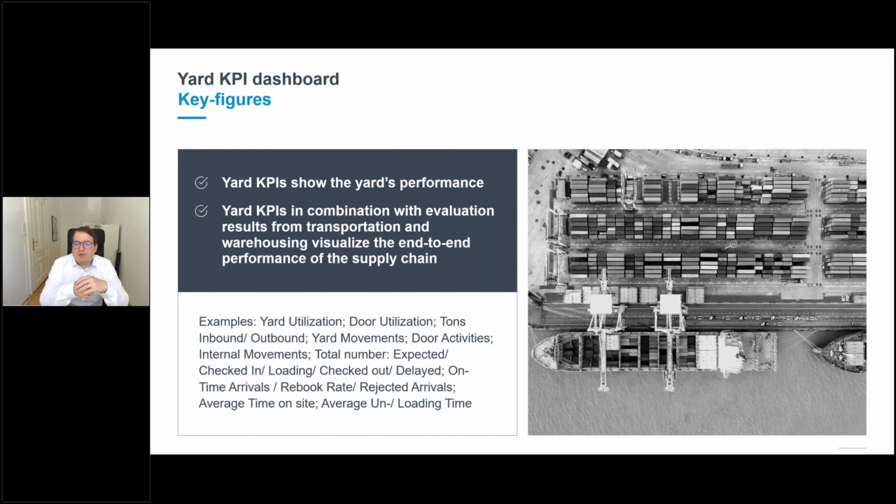One example would be what we saw before: the rebook rate, or the still expected arrivals for the day. This is all in combination with transportation. And for warehousing, one example here would be the door activities and the average unloading time. This is also in combination with the warehouse staff, with the warehouse department.